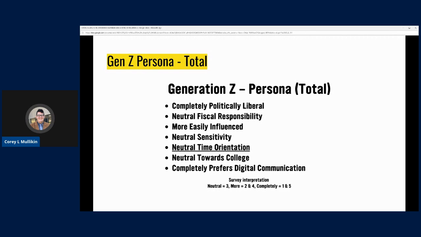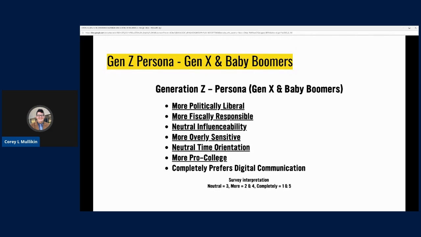So it would make sense that Millennials may be more apt to say, yeah, Gen Z has more of a neutral time orientation like us. And that those other generations may not think that. Well, let's see. This is the results just of Gen X and baby boomers. There's a whole lot more underlines, which means a whole lot more differences.